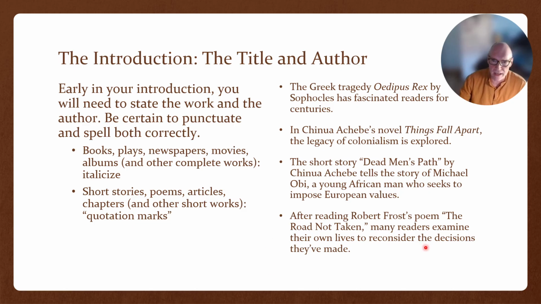And then finally, a slightly different example, because we haven't read any poetry yet this semester, so I just picked an example of a work that I'm kind of fond of. So after reading Robert Frost's poem, The Road Not Taken, many readers examine their own lives to reconsider the decisions they've made.